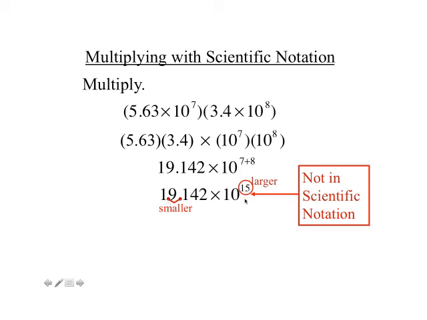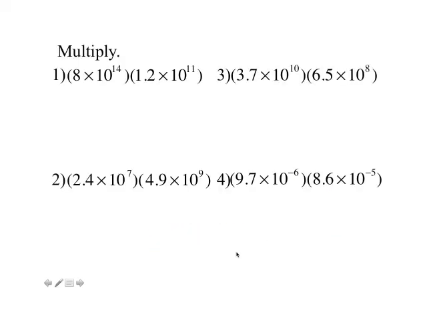So if this gets smaller, by 1 jump, this is going to have to increase by 1 power. So I get 1 and 9,142 ten thousandths times 10 to the 16th power. All right, I'll do the first one with you. Now, turn the recording off and do number 2, 3, and 4.